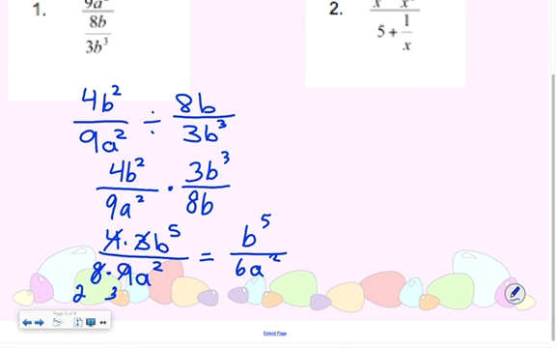Change the division to multiplication, flip the second fraction, and then we're multiplying.